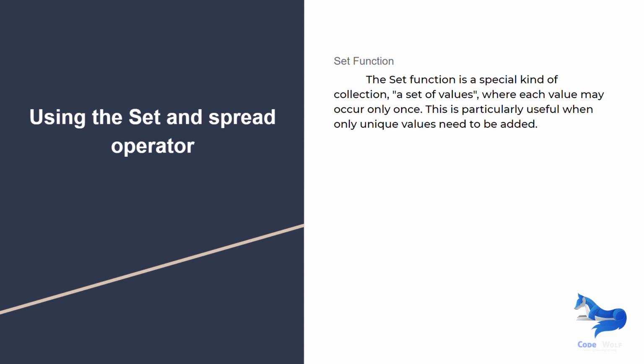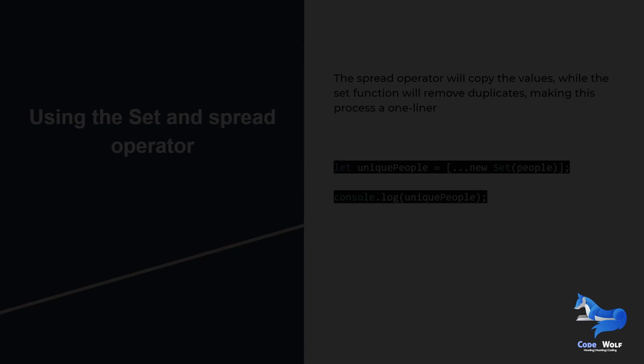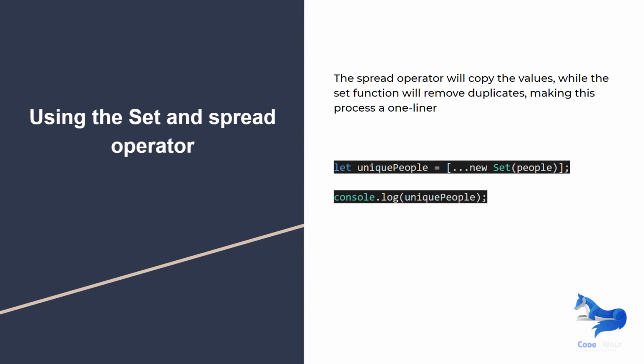But how to actually combine the use of the spread and set operator, we can take a look at this example. So now what happens is that the spread operator can copy the values from an array, and it can help us to create a new array with those copied values.